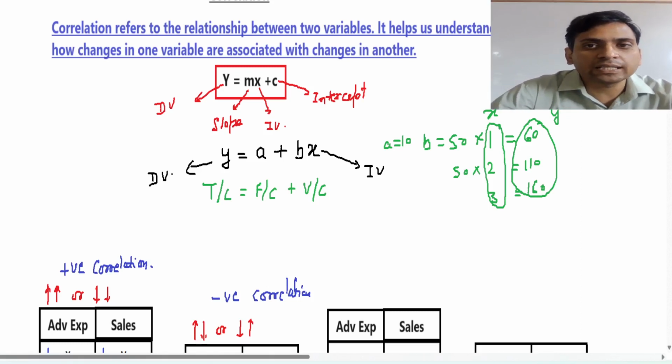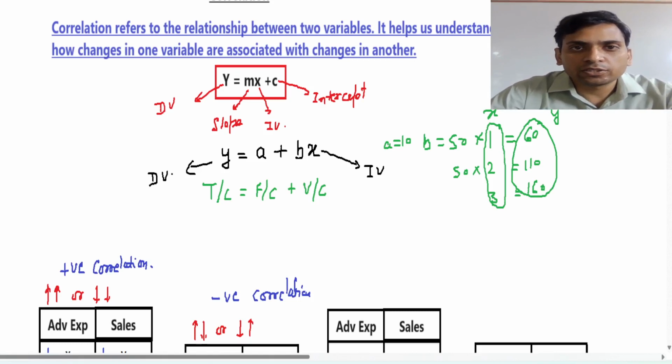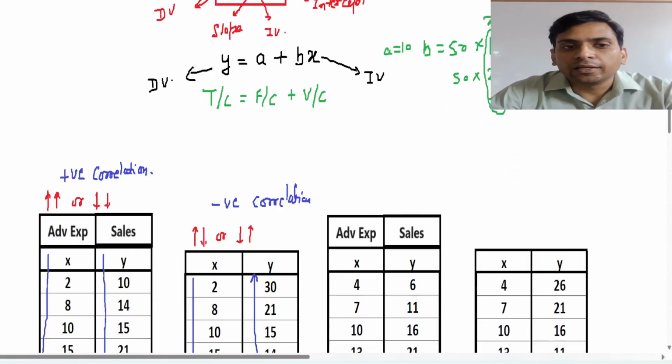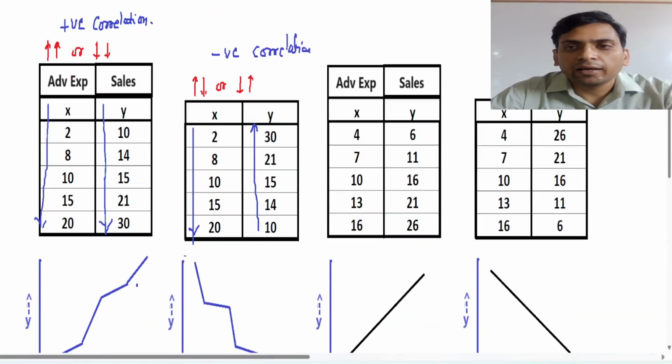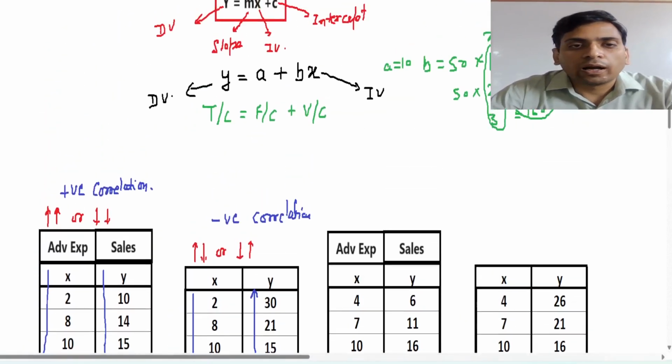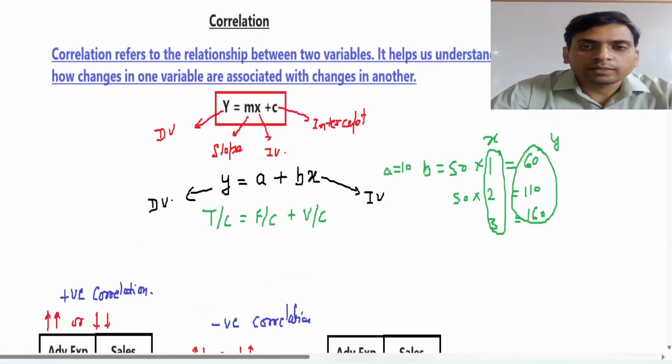So we can study the change in another variable due to this variable. So this is correlation. And in the next session, I will explain types of correlation. So I hope you understand this concept of correlation.